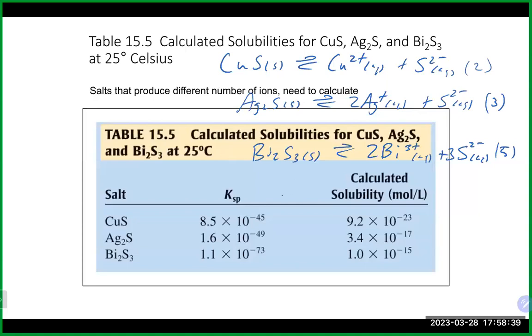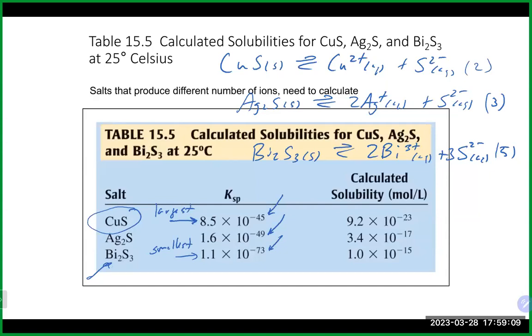If we looked at the Ksp values from the chart, we would see that it is actually this one here that has the largest Ksp value, and this one here has the smallest. So if you went solely by the Ksp values in the table and compared these three salts, you would incorrectly say that this one here is the most soluble and this one is the least soluble.